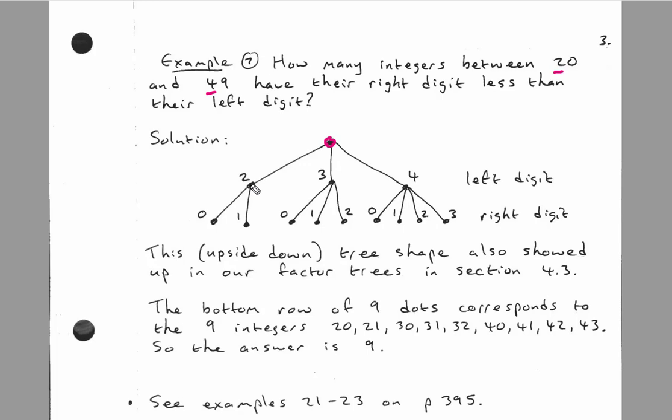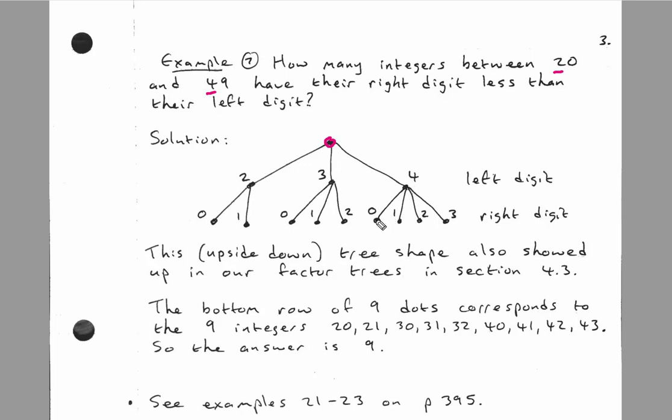If the first digit is a 2, then the right digit can only be 0 or 1. It can't be 2 or anything higher. If we chose a 3 for the first digit, then there are 3 options: 0, 1, or 2.